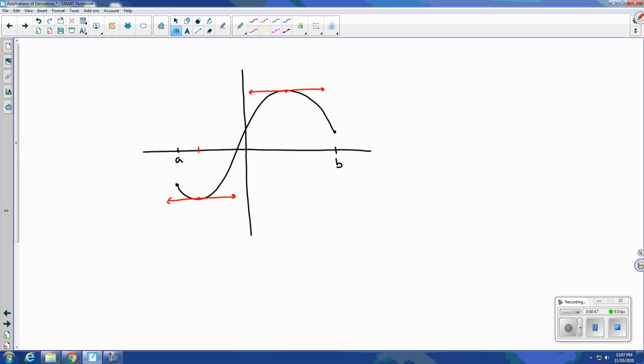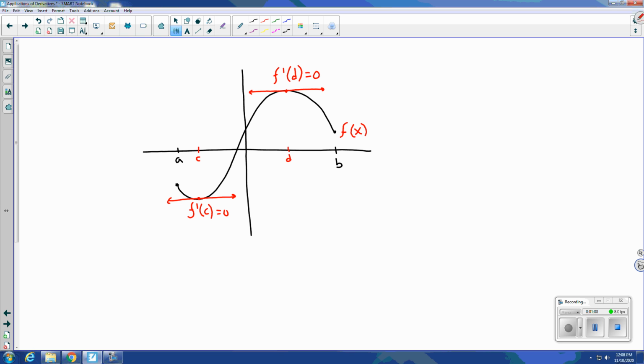Let's call this point C and this point D. We can say horizontal tangent lines have slopes of 0, and therefore, if our function we'll call f of x, we can say f prime of c equals 0 and f prime of d equals 0.